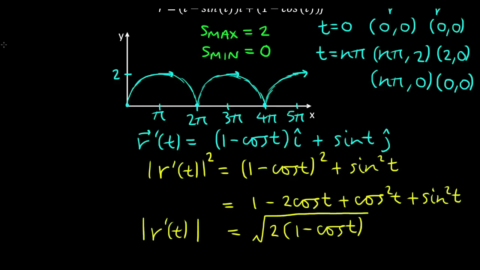Now the largest magnitude of acceleration can be obtained by differentiating the velocity. So we have the second derivative of position with respect to time is equal to sine t in the horizontal direction plus cosine t in the vertical direction.